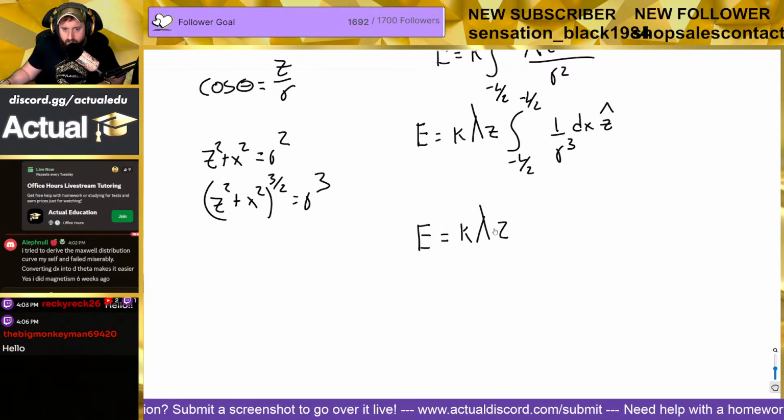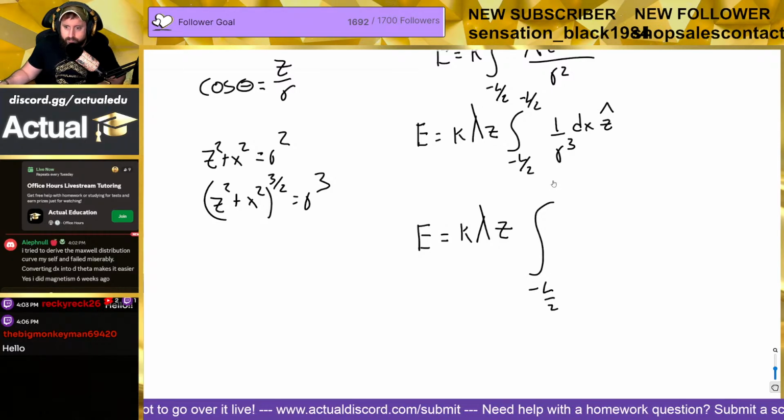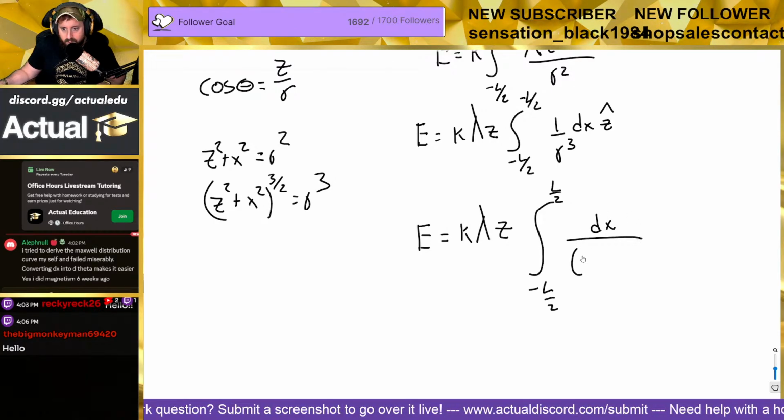E equals k lambda z, integral from negative L over 2 to L over 2, dx, and then this should be z squared plus x squared to the 3/2.